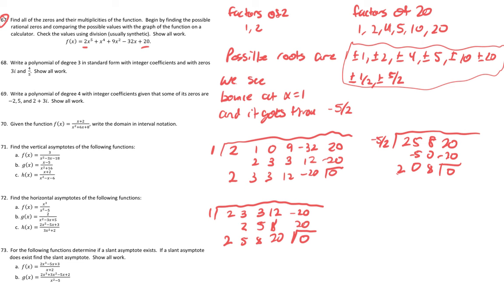At this point, we can write this as 2x squared plus 8, and we can just directly solve for our remaining zeros. So we find that they actually are imaginary.